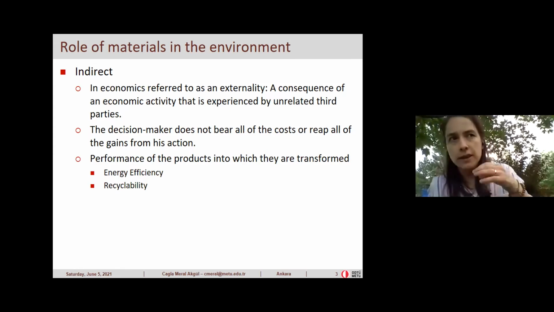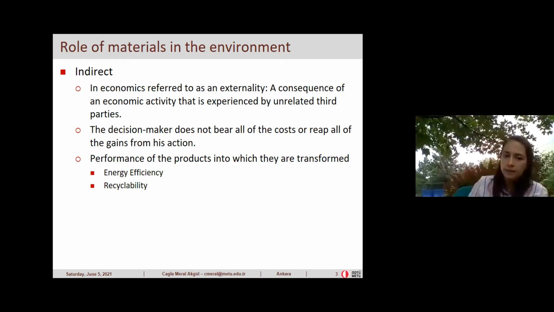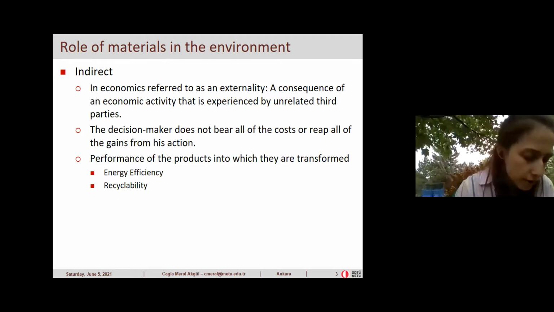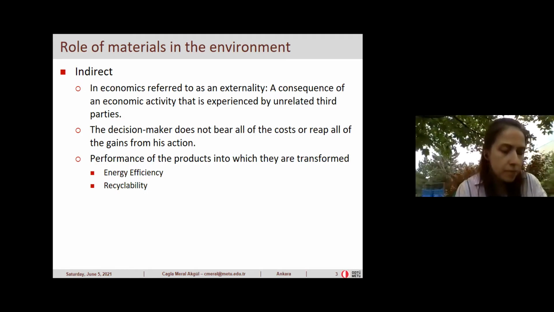think of a building. An architect designs a building, and then you basically a civil engineer constructs it. A contractor actually sells this particular building, but eventually we live in a building.